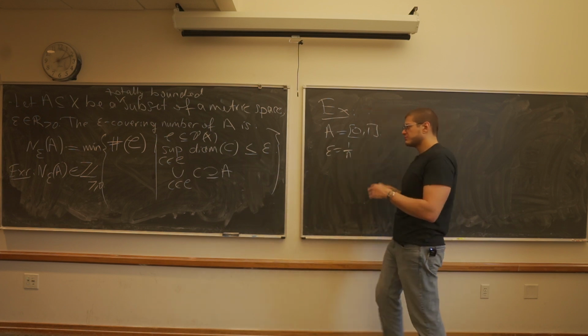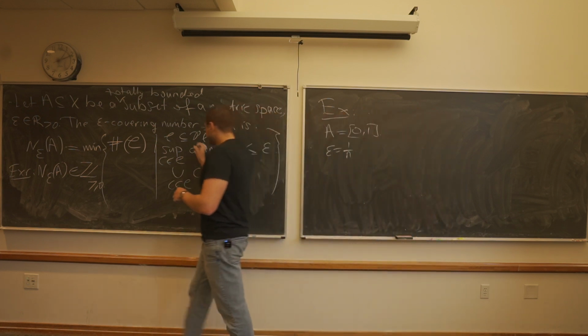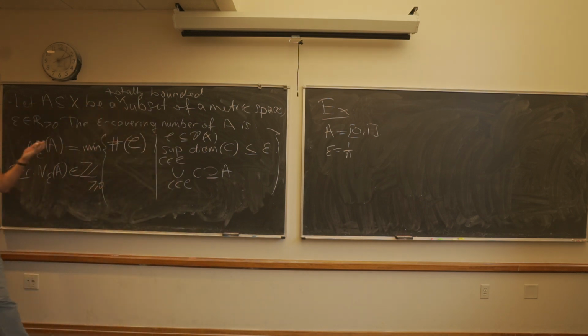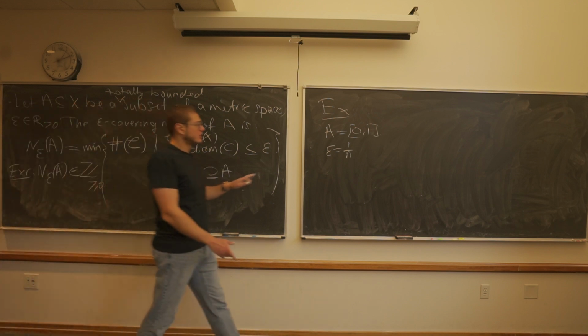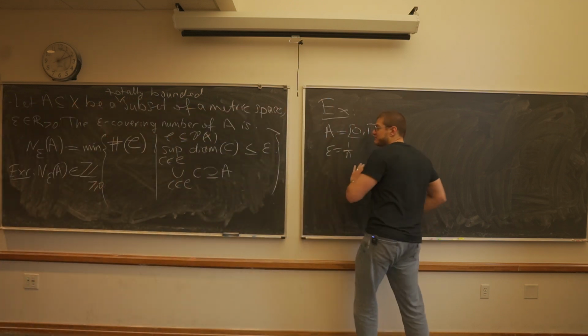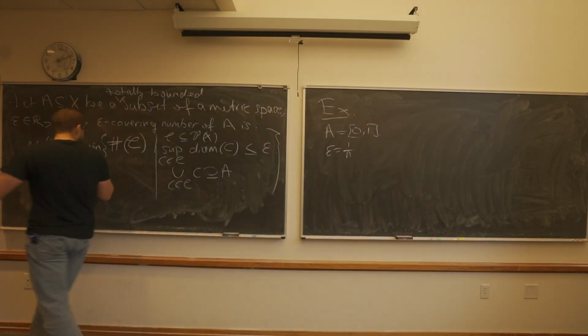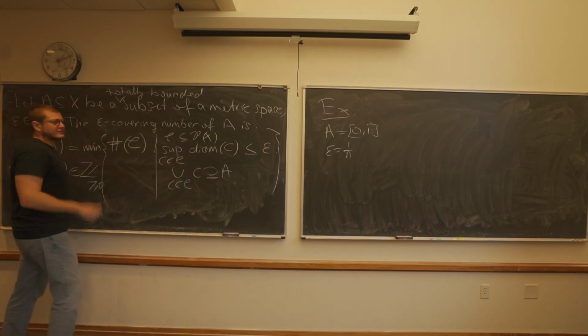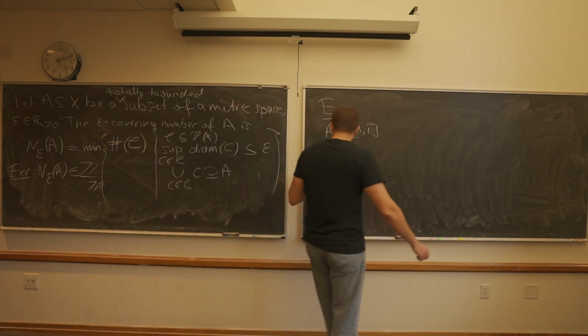So intervals I might choose. You see, this definition allows you to take any cover whatsoever. You can take crazy sets to cover things. But here I have a nice candidate. And because ultimately I'm going to take the minimum over all such things, at least this is going to give me an upper bound.